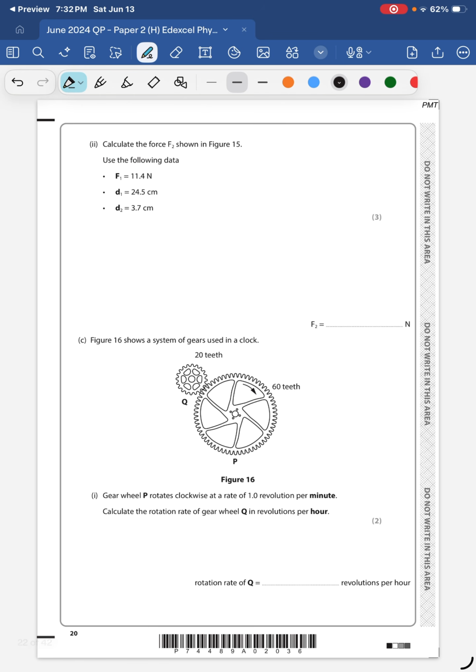Okay, so F1 times D1 is equal to F2 times D2. So F2 is F1 D1 over D2, right?